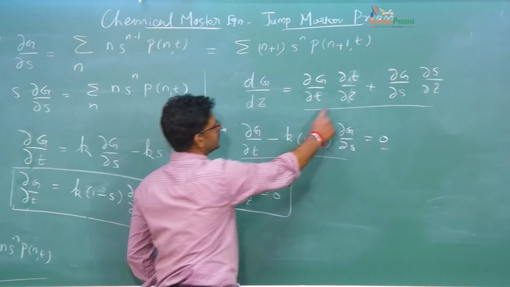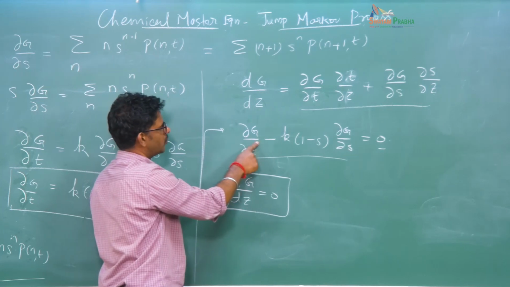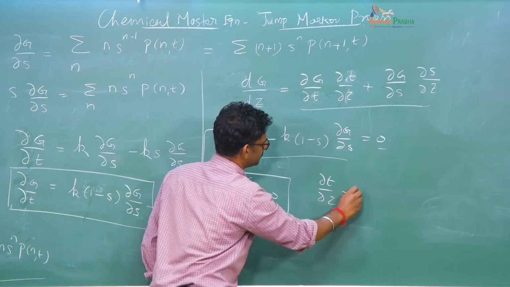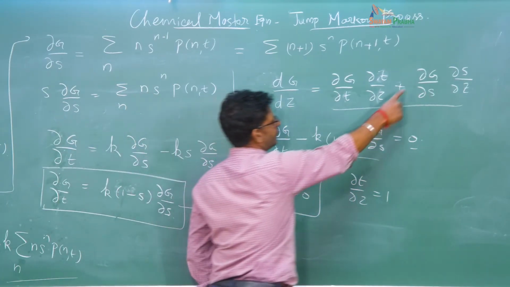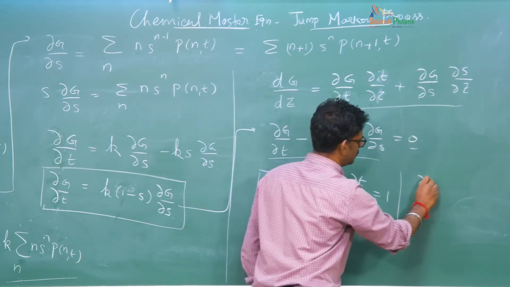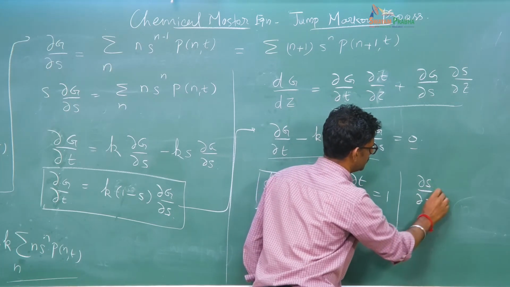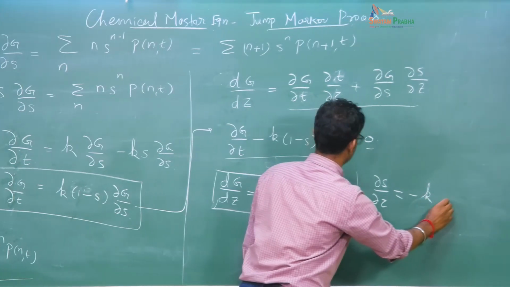Then if I look at these terms, here I have dou G by dou T, which is multiplied by 1, so dou T by dou Z should be 1. And when I compare these two terms, the prefactor of dou G by dou S, dou S by dou Z, should be equal to minus K times 1 minus S.